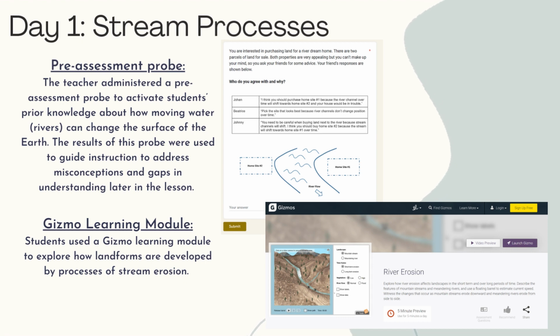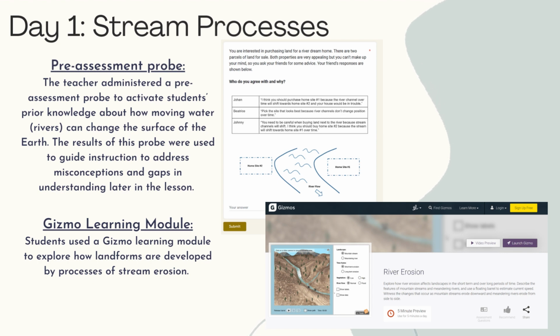Day 1, stream processes. For day 1, the teacher administered a pre-assessment probe to activate students' prior knowledge about how moving water, specifically rivers, can change the surface of the earth. The results of this probe were used to guide instruction to address misconceptions and gaps in understanding later in the lessons.